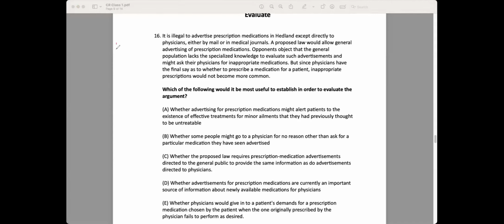So again, who has the final say? That will decide everything. Okay? That's something that we need to see. First option says whether advertising for prescription medications will alert patients to existence of effective treatments. See, what could be the consequence of this information?